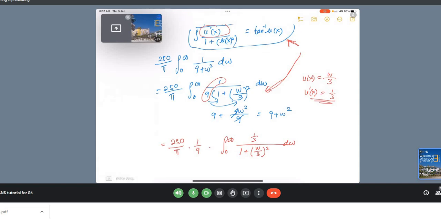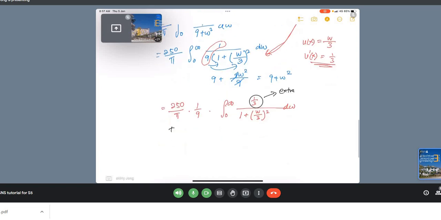Okay, if you notice that this one is an extra, right? This one is an extra. So how to cancel out the extra, the 1 over 3? We must times with 3.